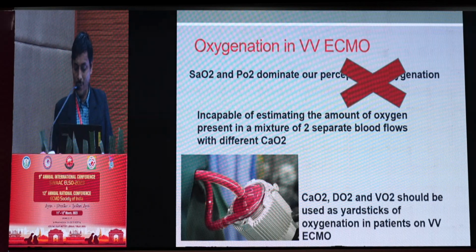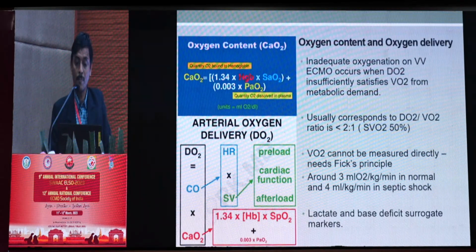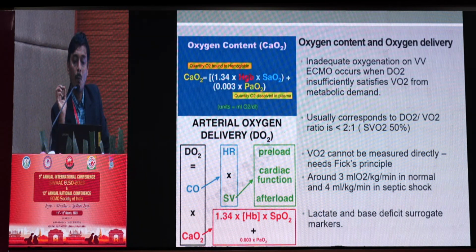So to go a step further, to explain this more, you need to understand that when oxygenation is inadequate for your patient on VV ECMO, your delivery of oxygen clearly doesn't satisfy your tissue demand.